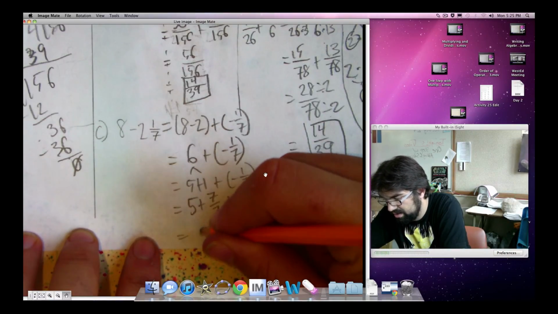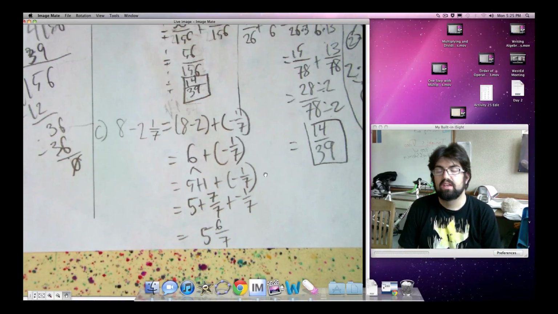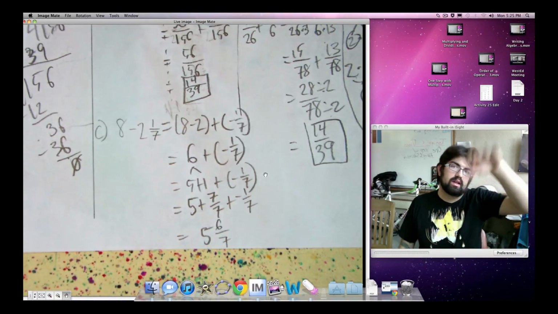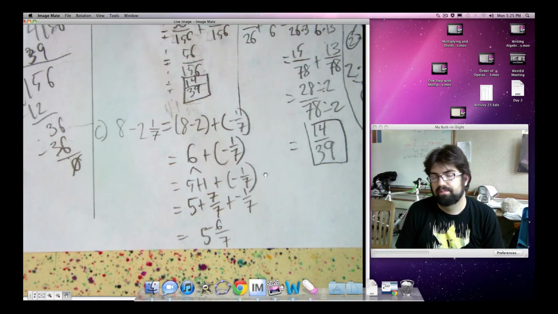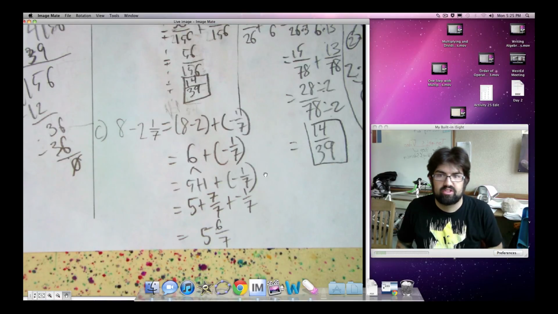So my final answer would be 5 and 6/7 is one way of doing it. If you want to go back to the first example and do it that way, that's fine also, but it's just a different way of doing it. So I'm always all for different ways of seeing things.